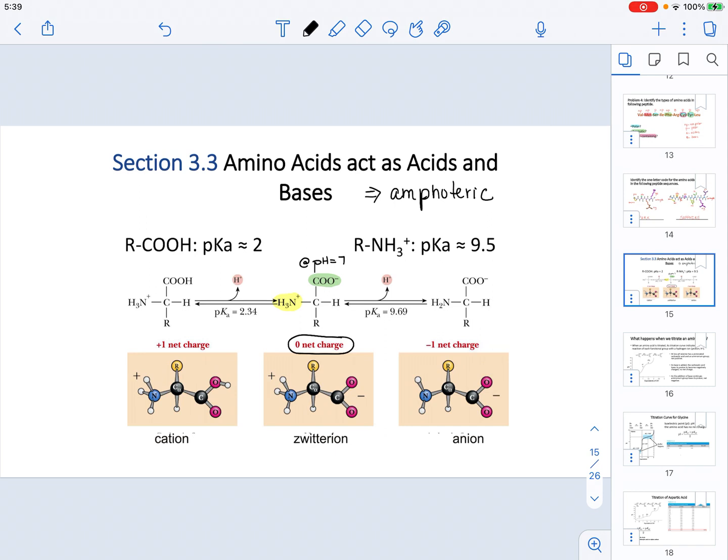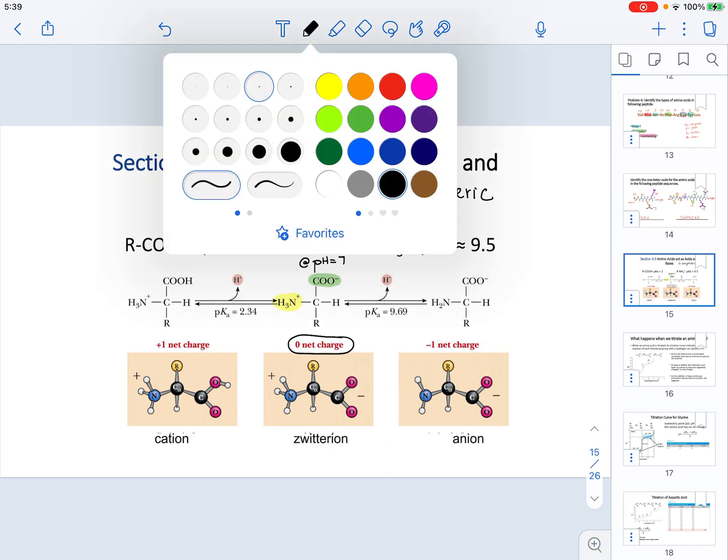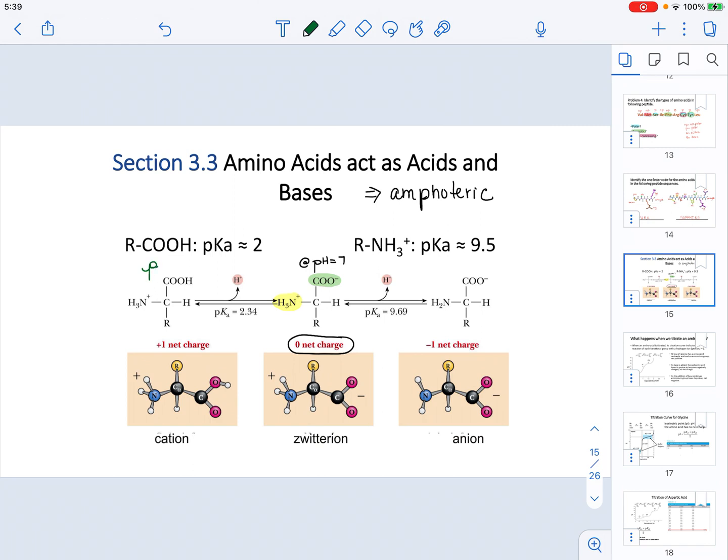Now, understand that what happens overall is that if we look at the structure of an amino acid when it is at low pH, let's say that it is around pHs that are less than or equal to 2.